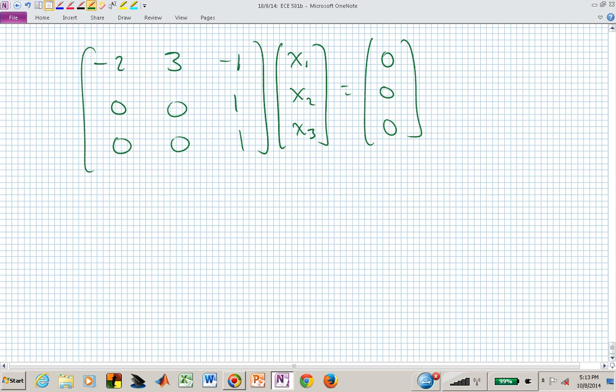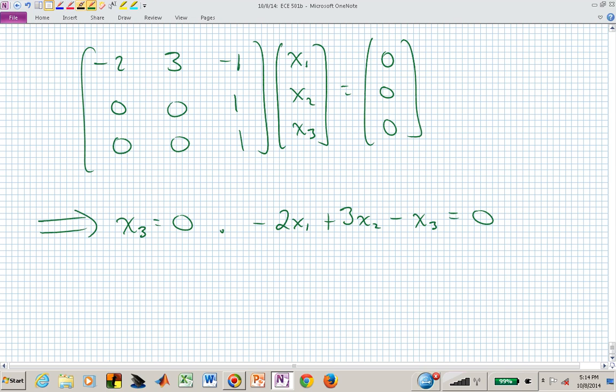So now this tells us, like we learned before, if we look at the third or second row, that's forcing the third component to equal 0. Then from the first row, we can see that we have minus 2x1 plus 3x sub 2 minus x sub 3 must equal 0.